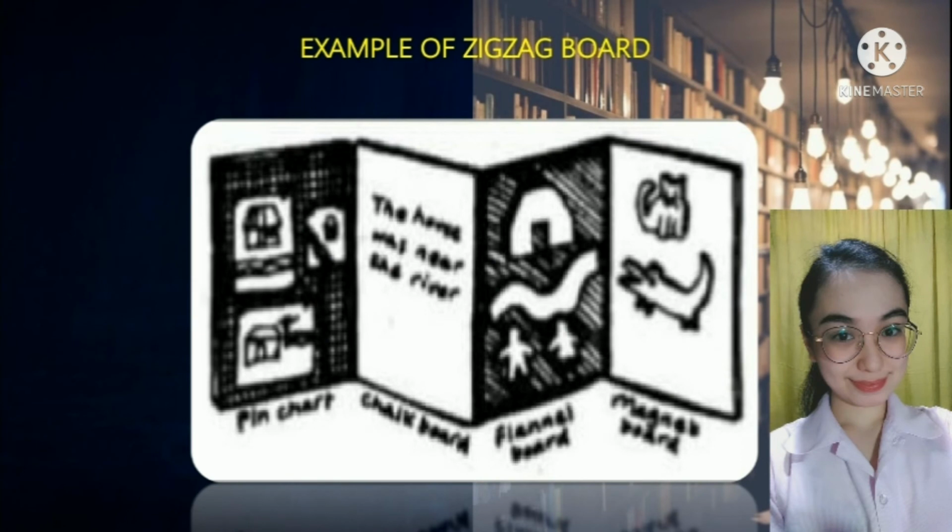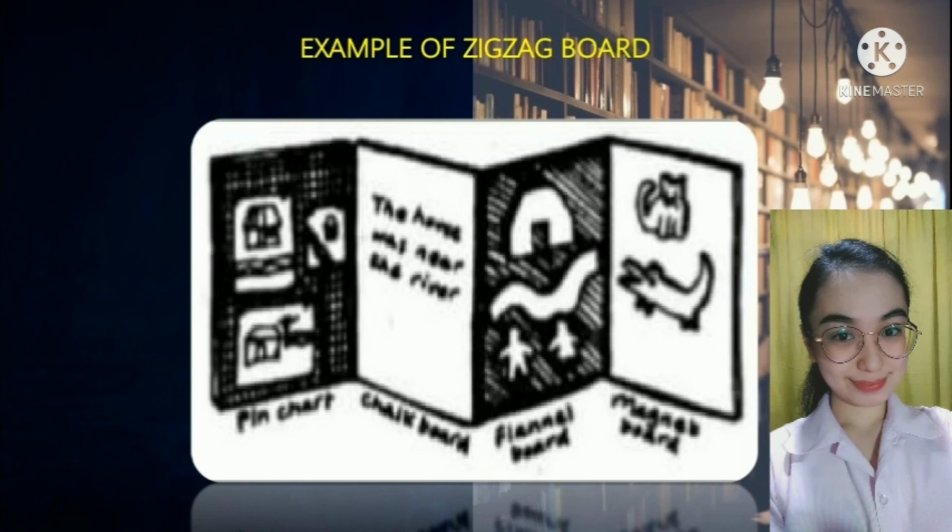Sa zigzag board, makikita natin dito na may 3 or 4 rectangular boards ito na pinagsama-sama. So, each side nito ay pinagdikit-dikit nang sa ganon ay madali itong ma-fold o matupi at madali din itong madala. Each board nito ay pwede natin gawin into different types.